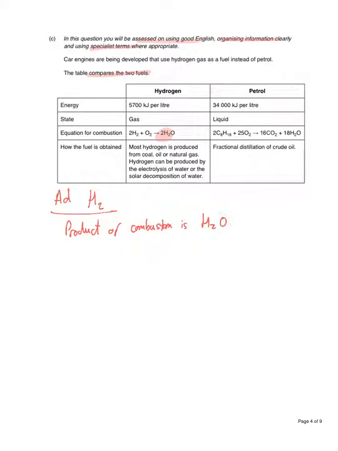Whereas the product of burning petrol, so I'll do in blue the advantages over. The product of combustion of petrol is carbon dioxide and water. So the carbon dioxide, the problem with that is it is a greenhouse gas.